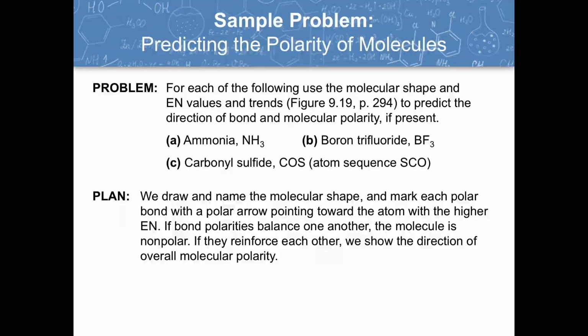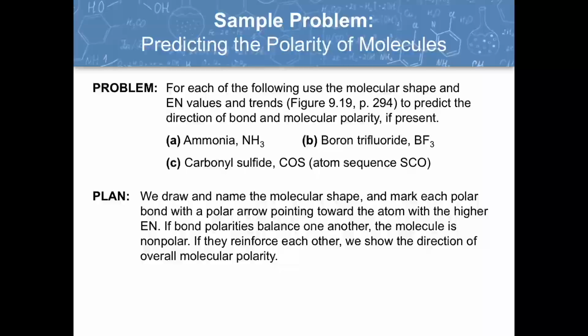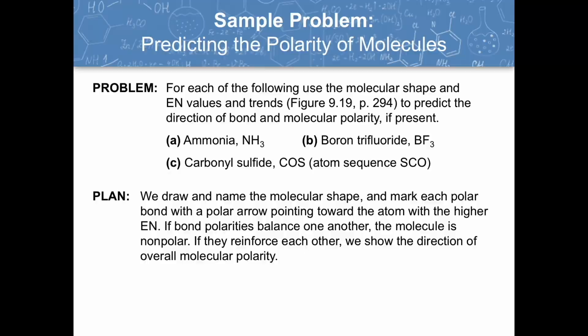Our plan is to draw and name the molecular shape and mark each polar bond with a polar arrow pointing towards the atom with the higher electronegativity value. If bond polarities balance one another, the molecule is nonpolar. If they reinforce each other, we show the direction of overall molecular polarity.